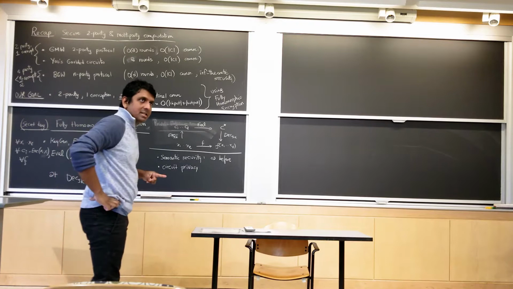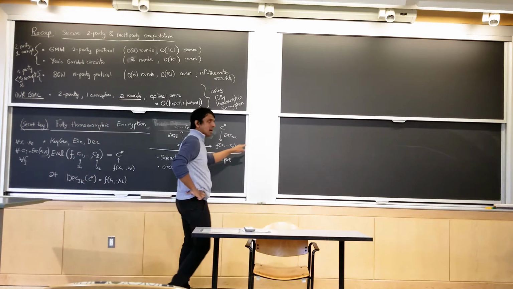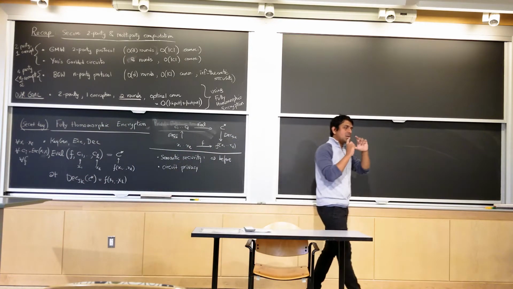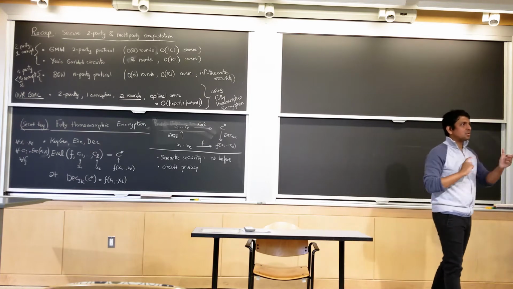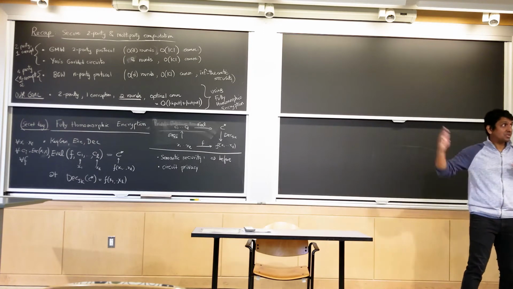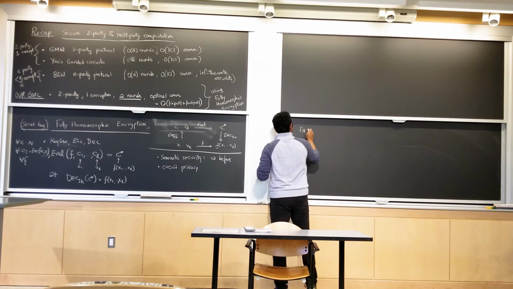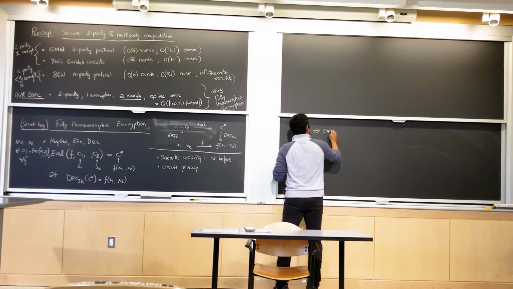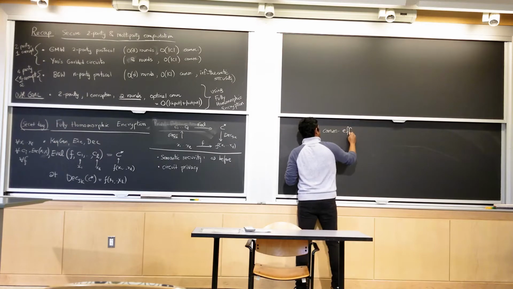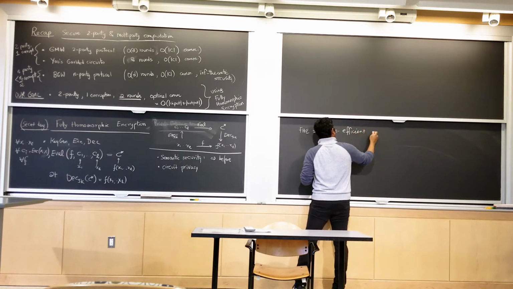I'll define it in a minute, but let me motivate it by showing you how to use homomorphic encryption to construct a secure two-party computation protocol. That was the goal to begin with. So homomorphic encryption implies a communication efficient two-party computation protocol.